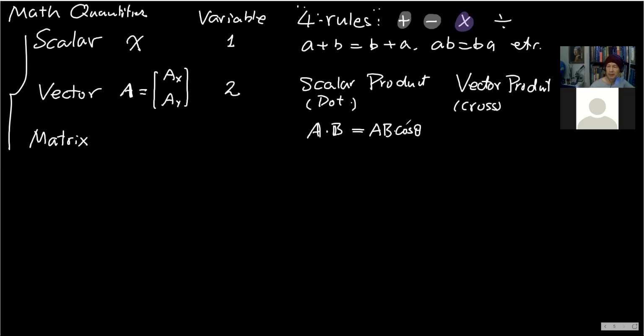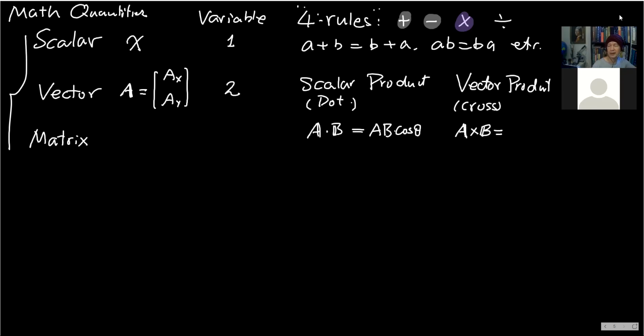Now, by way of contrast, we can introduce the cross product. They are all products, but they have different names. Dot is called the dot, and the other is called the cross. How can we define the cross product? We have studied the cross product in physics, right?